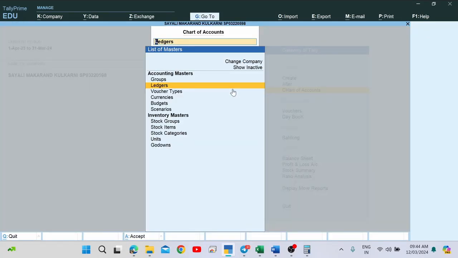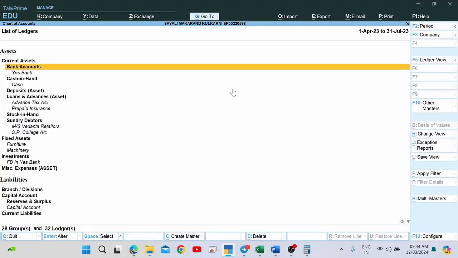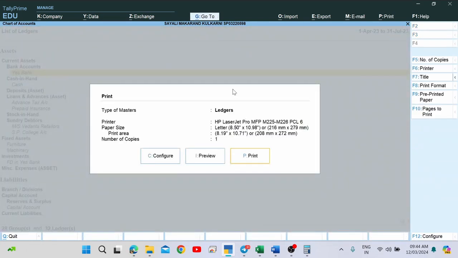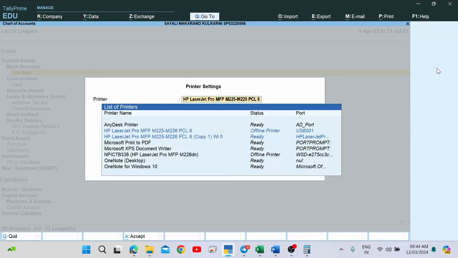Now chart of accounts and then ledger. I don't want any other chart. I want this ledger chart. Now just press Control P and then print it. Now check your printer first. You should print that in PDF form.